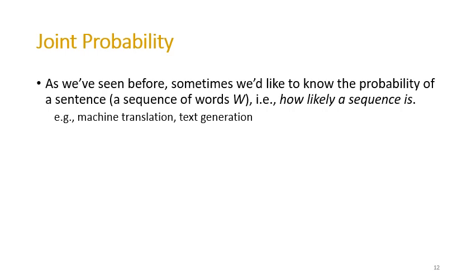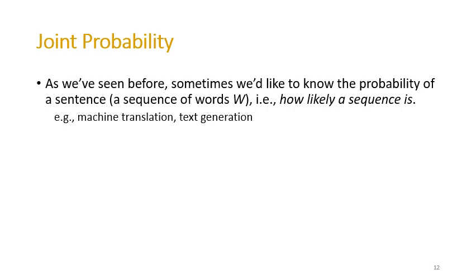Remember that I asked you which among the three translations is the most English, the best translation of the Chinese sentence. Actually that question is like asking how likely a sequence of words is, how likely those words are to form a sentence.